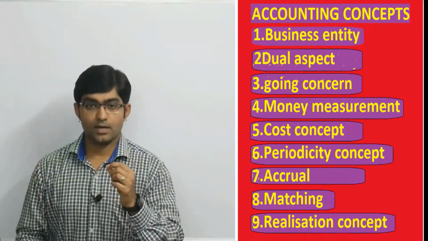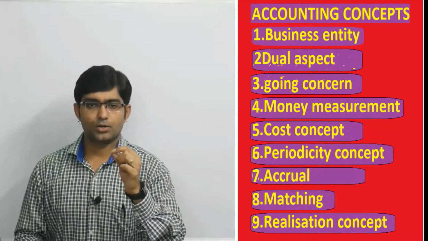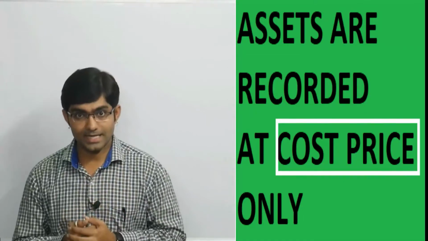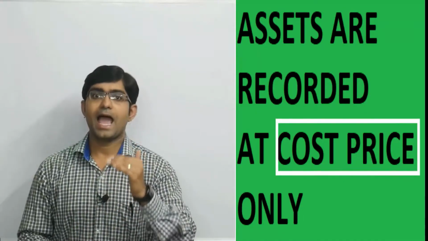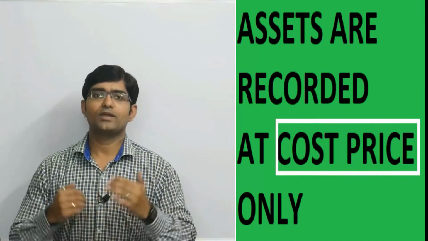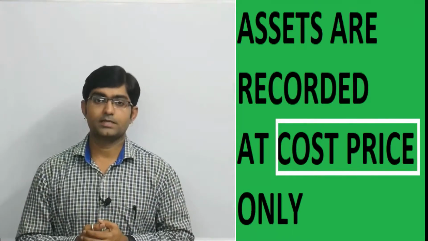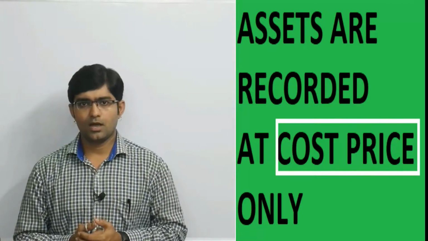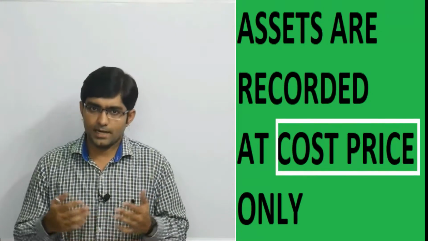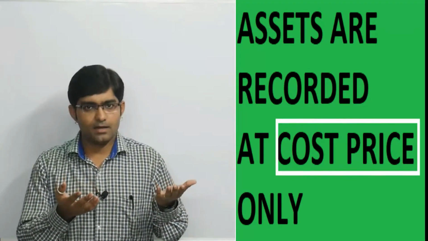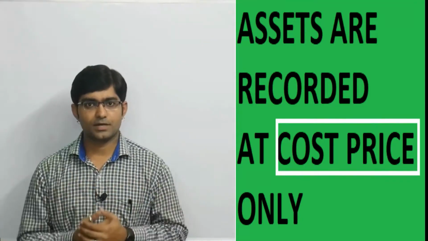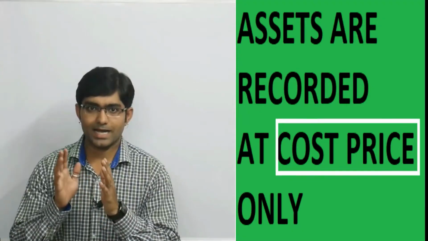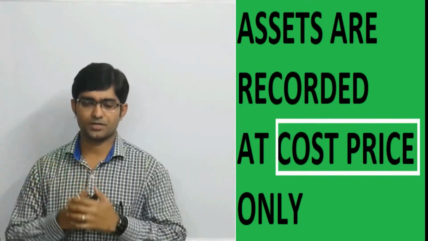The next one is cost concept. This concept is mostly related to assets. This says the cost of the asset is to be recorded at the price at which you have purchased, that is the amount that you paid. You may get a doubt: generally we do like this, then again, why is this concept mentioned here? Because market values are considered in some special situations.